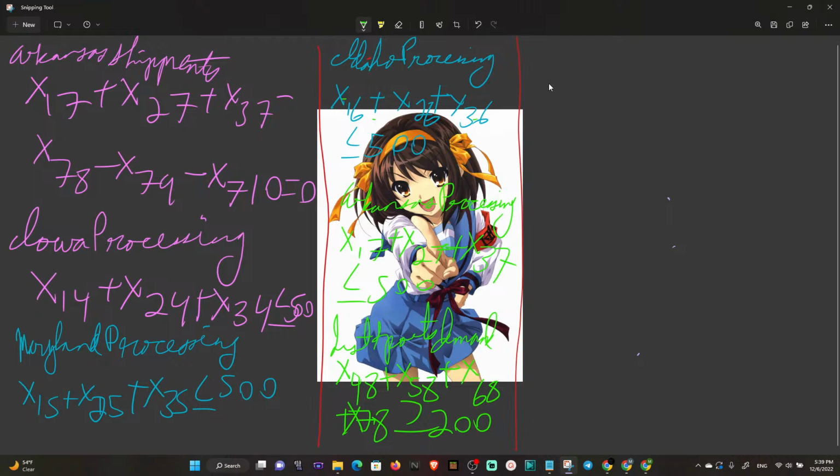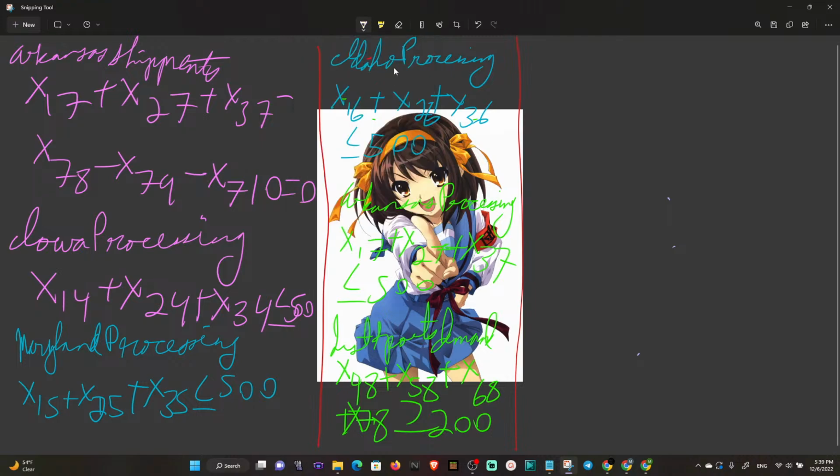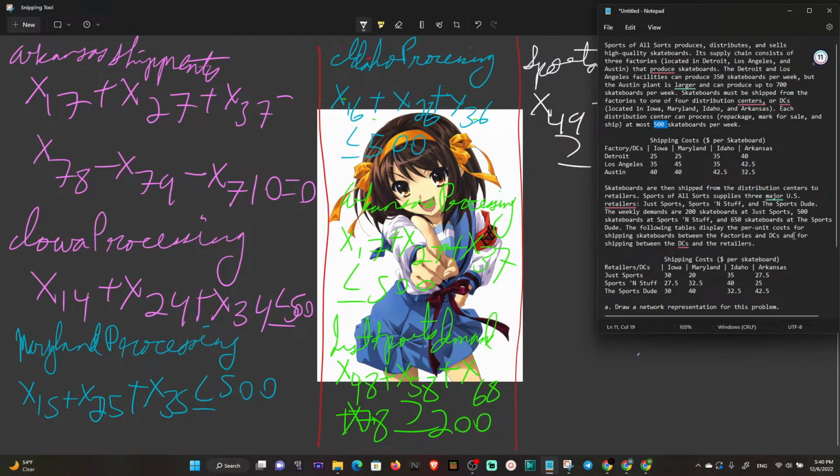And now we have the next one, which will be the sports stuff demand, which will be x49 plus x59 plus x69 plus x79 is greater than or equal to, what was the number here? 500.